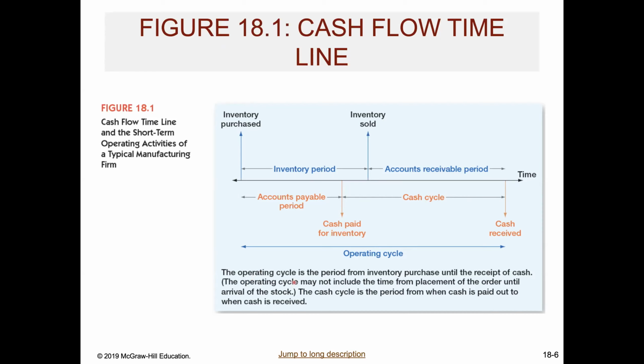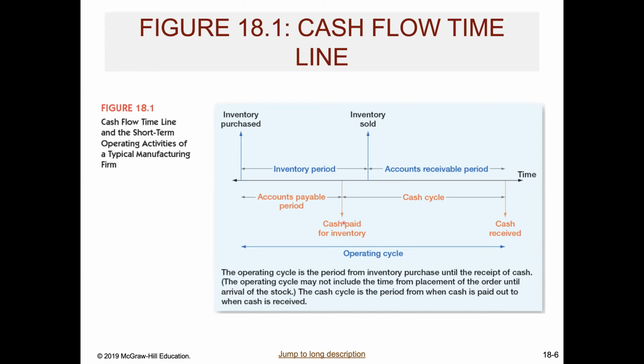So the operating cycle is the period from inventory purchase until the receipt of cash. So from here to here is our operating cycle. The operating cycle may not include the time from placement of the order until arrival of the stock. The cash cycle is the period from when cash is paid out to when cash is received.